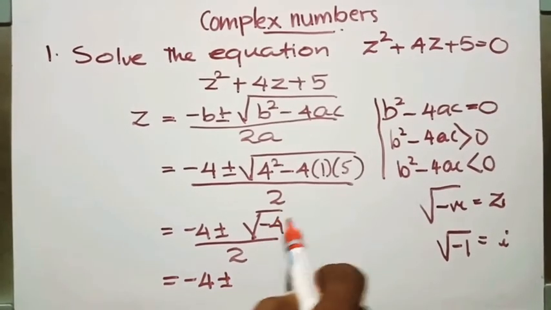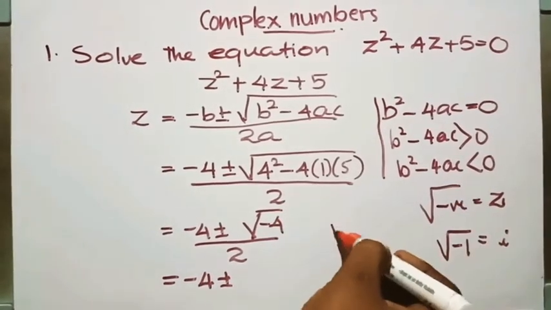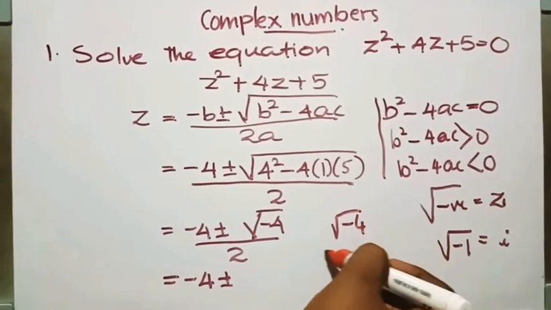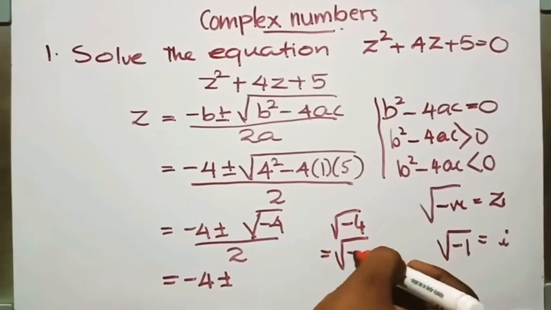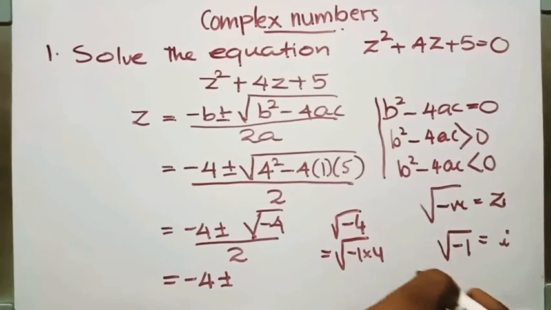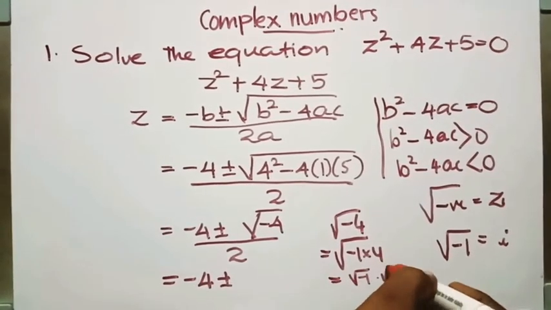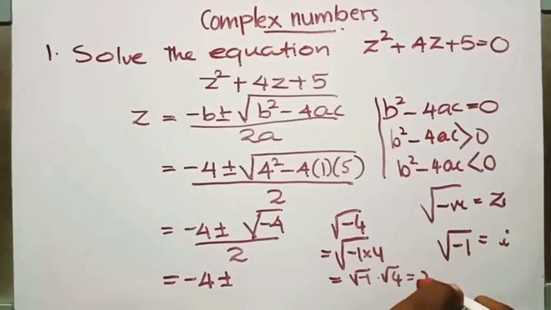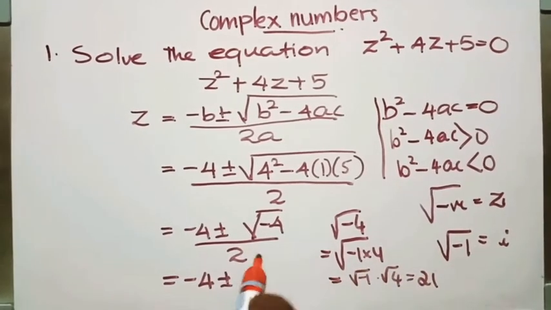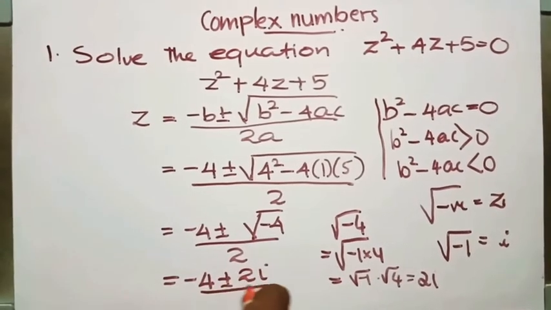We have learned root of minus 4. Root of minus 4 can be written as root of minus 1 into 4. That is root of minus 1 into root of 4, which is the same as 2i. So root of minus 4 is 2i, whole divided by 2.